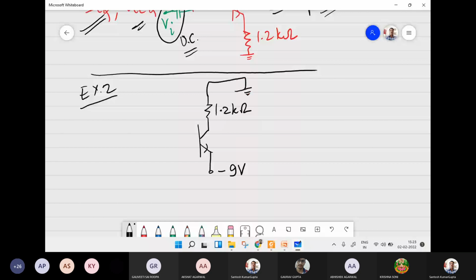Suppose this is also given here, and at the base we are given a resistance of 100 kilo ohms. So for this circuit, let us find the different values of the voltages.